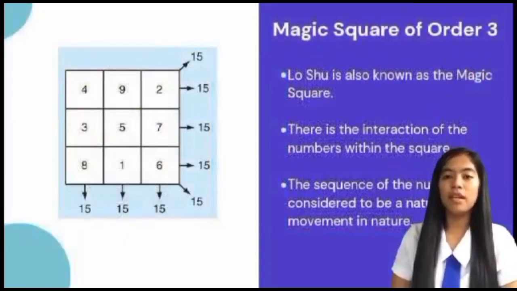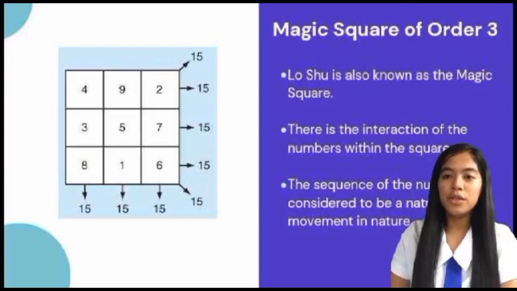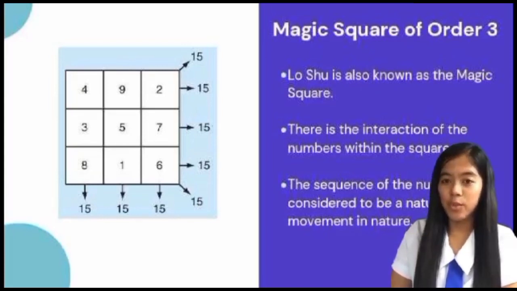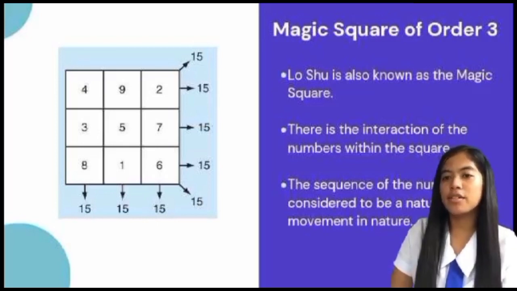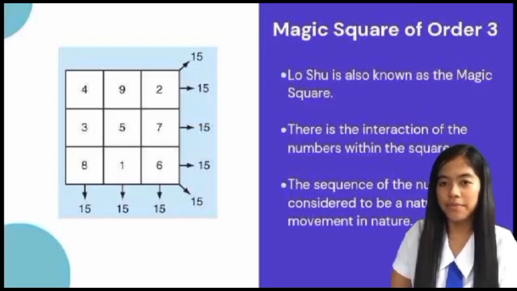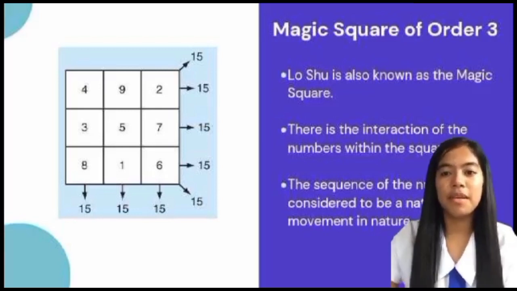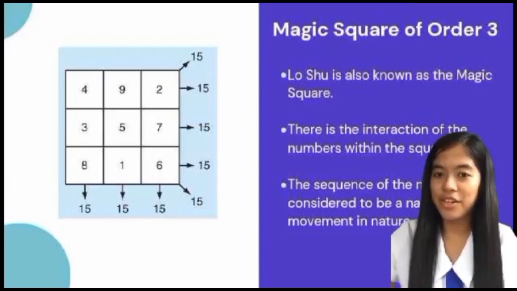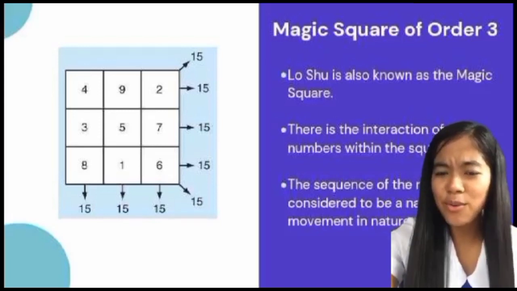Let's talk about Lo Shu first. Lo Shu is also known as the magic square. There is an interaction of the numbers within the square. The sequence of the numbers is considered to be a natural movement in nature. So, what does that mean?